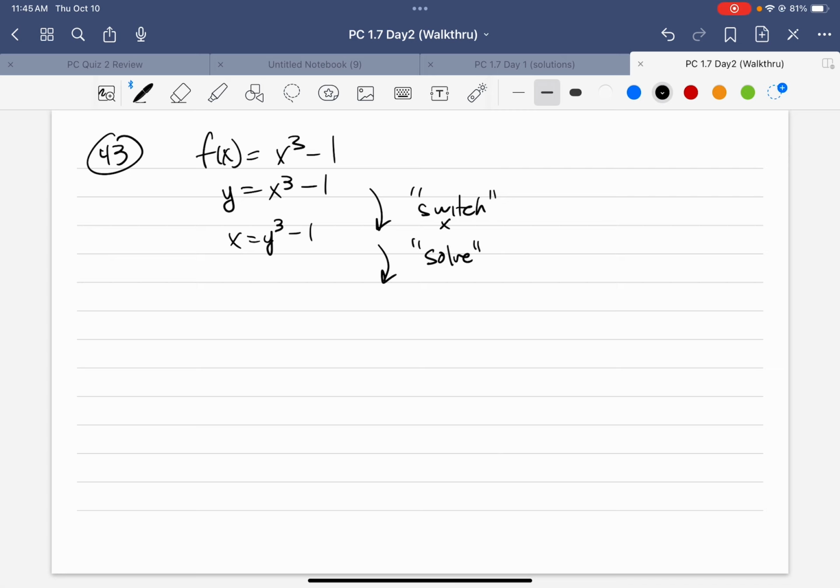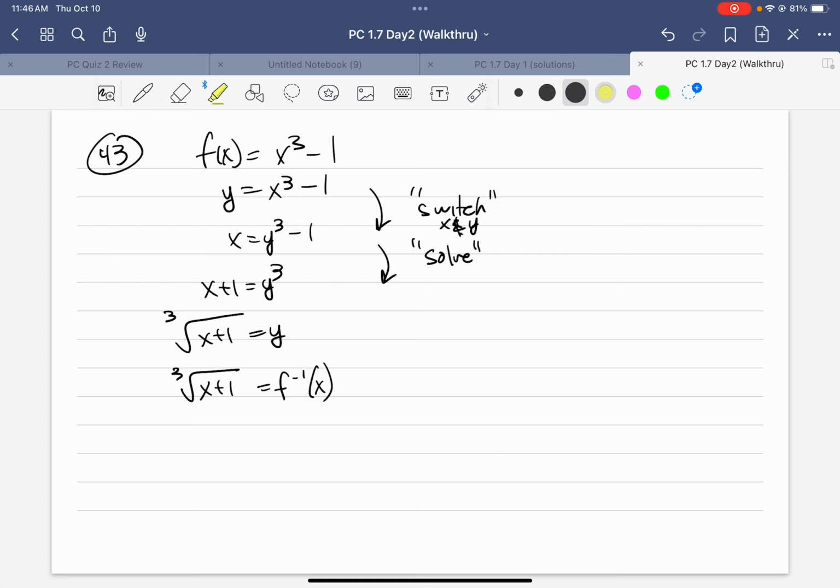So I switch the roles of x and y, because that's what it means to be an inverse, and then I solve. By solving, I add 1, and then I take the cube root. Notice there is no plus or minus, because we took an odd root. Odd roots, you don't have to worry about plus or minus.